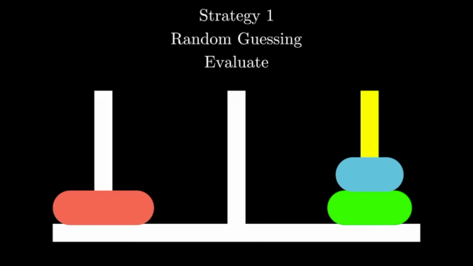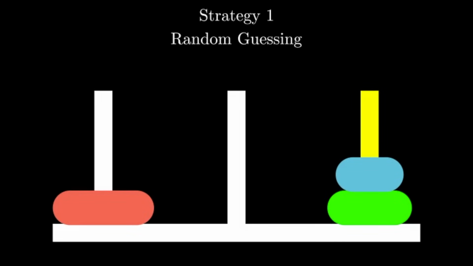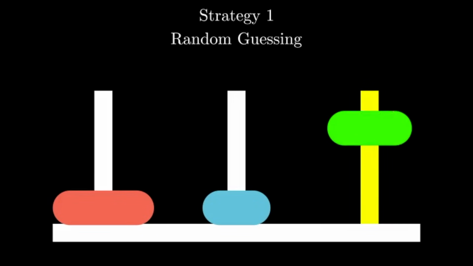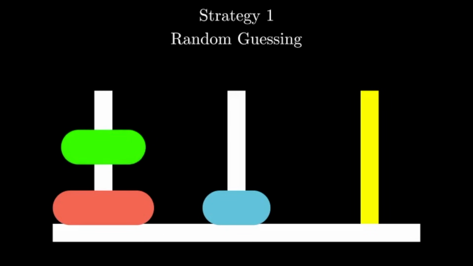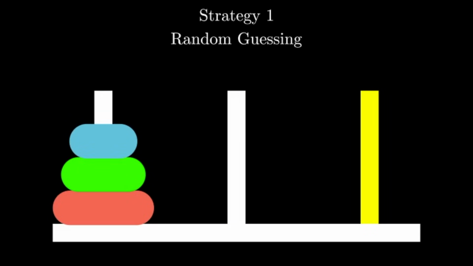It looks like we are a little bit stuck because what we really want is the bottom disk below the disks that we currently have on the 3rd rod. What we just did by random guessing seems to be pretty counterproductive to that point, so at this point in the problem, I might decide, okay, I might just want to start over and reevaluate. But from this random guessing experience, we've learned one important fact.